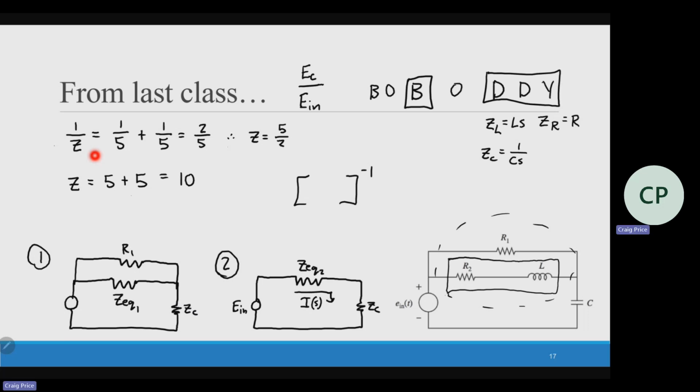Okay, so I've kind of done the body diagram part. You can do this, then you can do this. You should be working on your definition. So like, what is Z equivalent 1? And then what is Z equivalent 2? And then from there, we're trying to figure out the voltage of the capacitor with respect to the input voltage. That's the transfer function. What is the order of the transfer function?